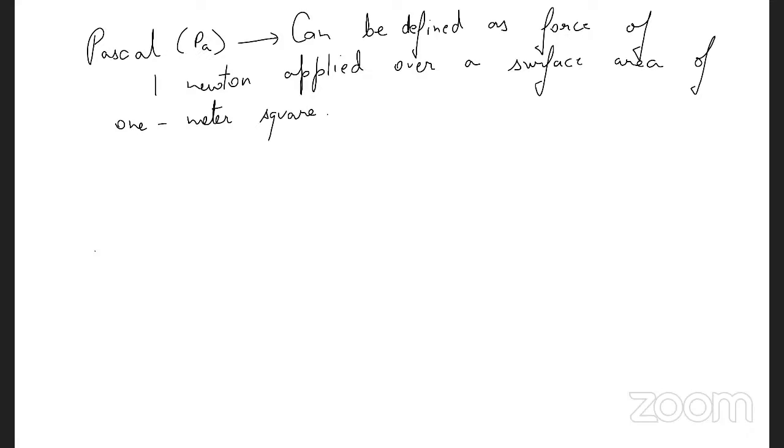Now we will talk about factors affecting pressure. Pressure is dependent on the area over which the force is acting. Like the surface area, the pressure highly depends on the surface area of something.